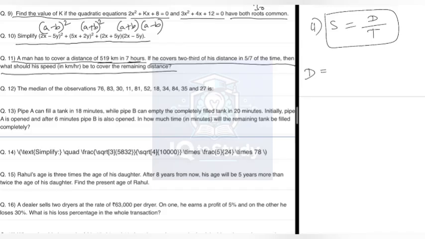Distance covered is equal to 2/3 of 519 kilometers, which is equal to 346 kilometers.